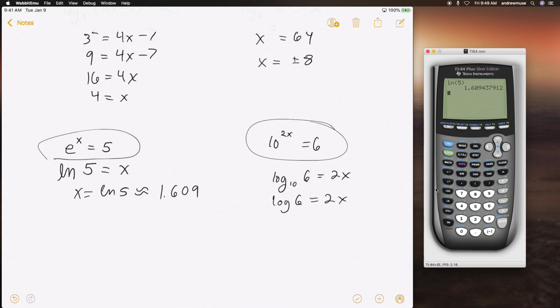Then divide by 2. So x is log 6 divided by 2, which is approximately 0.389. Okay, so there's a little introduction to logs, so we'll stop there.